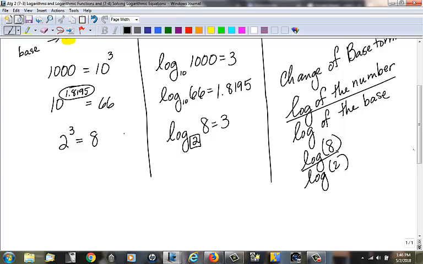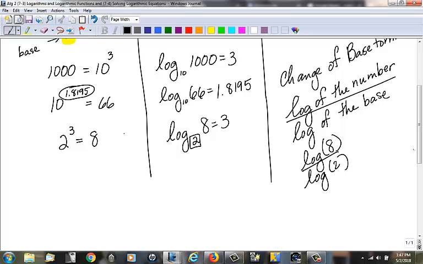If you look on your calculator, use the math key. Everybody press the math key. Go down until you find log base, and press enter.